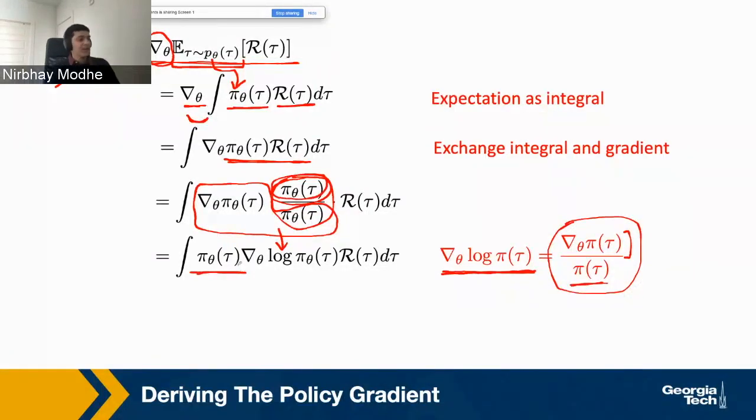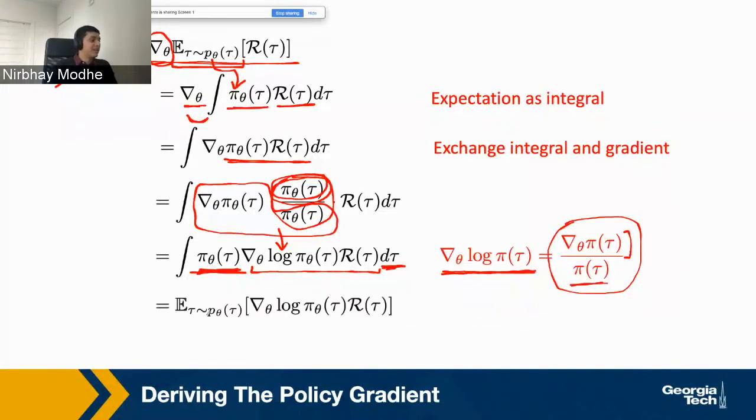And why is this useful? If you see here, this is an integration of some probability and some function over here times d tau. This now can be written as an expectation. So I can write it as an expectation over tau sampled from pi theta, which is the distribution here. And the remaining thing inside this bracket is the function I have on the right hand side.